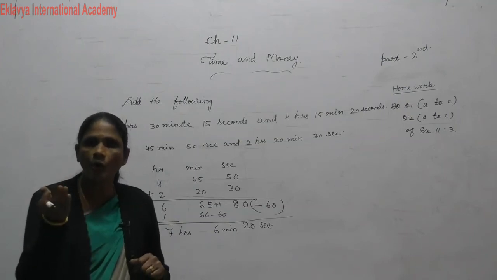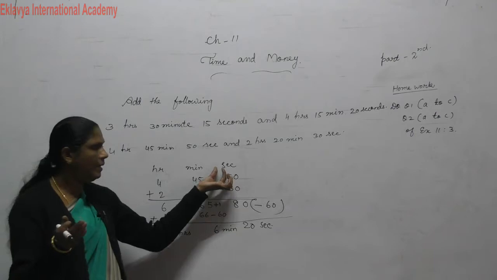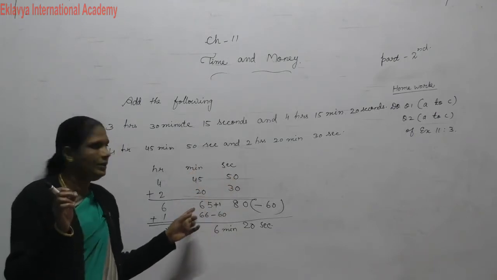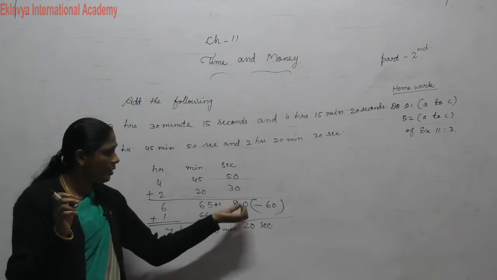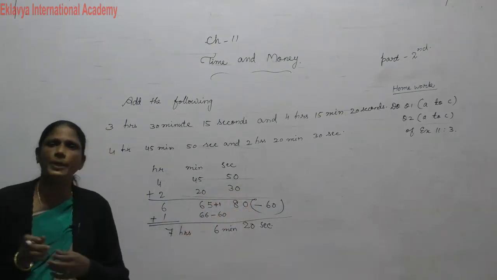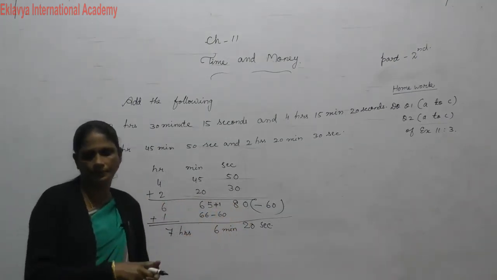When adding, if 60 or above comes in the second and minute columns, we subtract. Okay. Then we add the next unit.